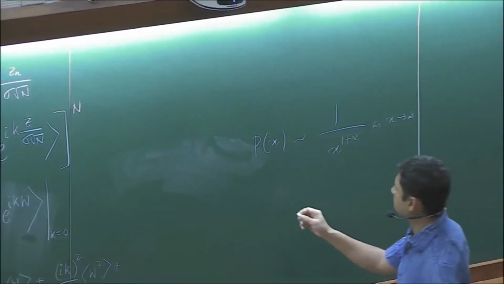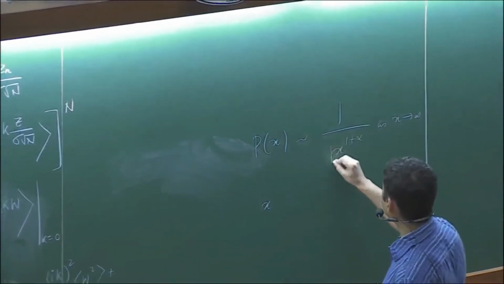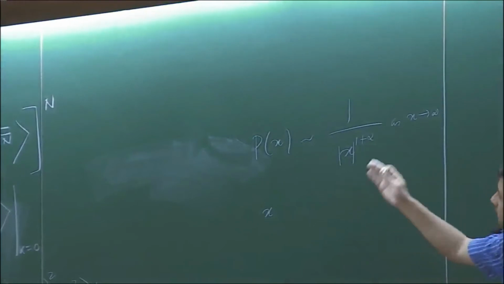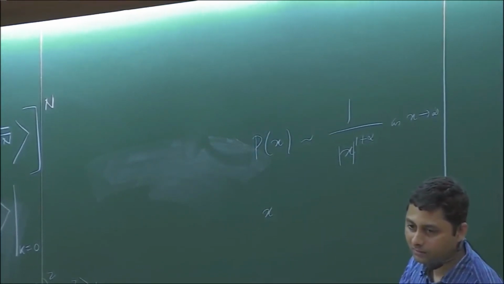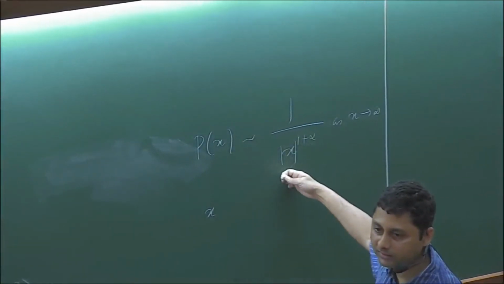It can be symmetric, it doesn't matter. If it is symmetric, then the third moment is 0 anyway. You can always put a normalization on this. So this is the tail.